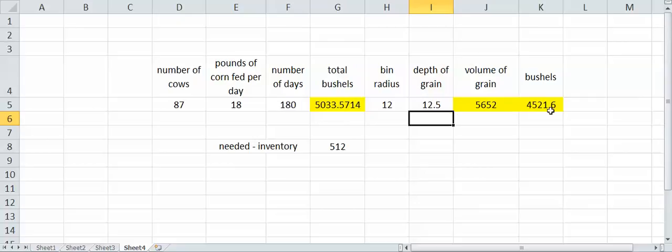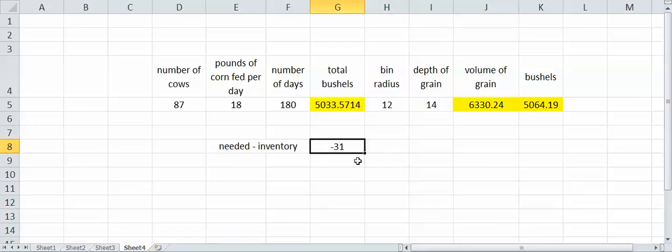I only have 4,521, so I'm short. I'm short 512 bushels. I said that wrong. So I know I'm going to have to buy 512 bushels of corn. At the same time, if I measured my bin at 14 feet deep, okay, now I'm plenty good. I have more inventory than what's needed.